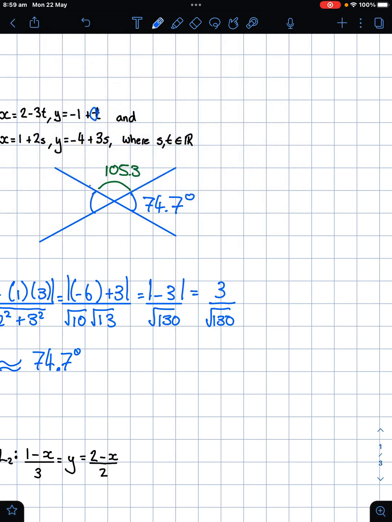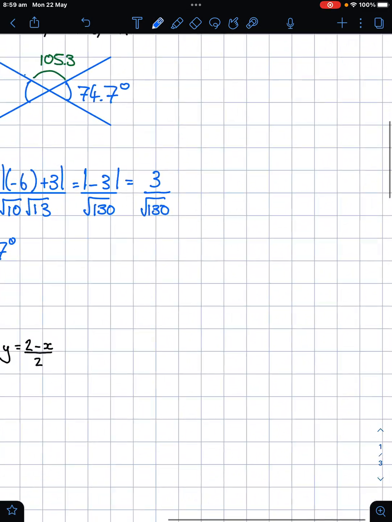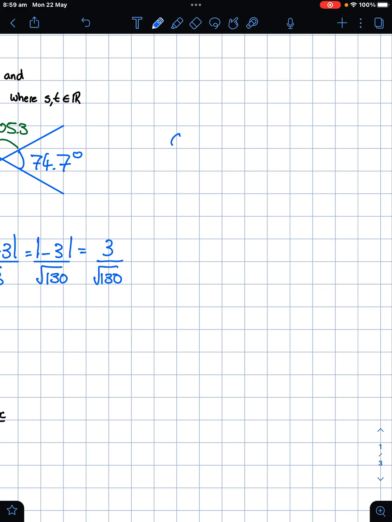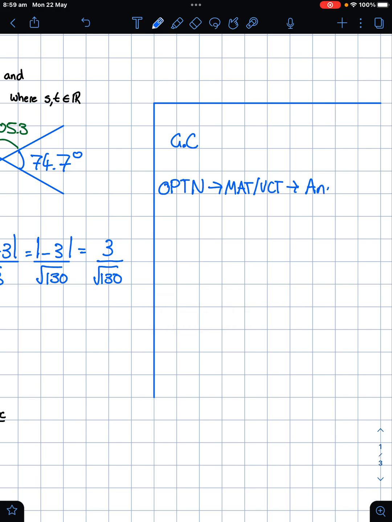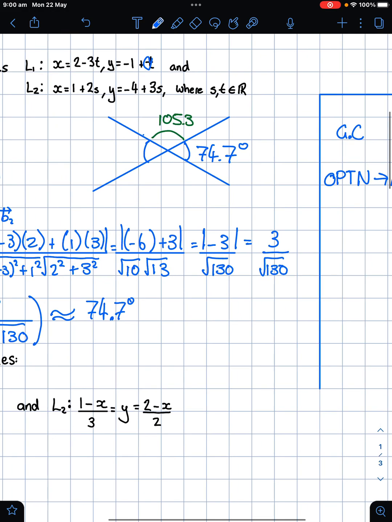All right, now you also have the benefit here that we can use our calculator. So on our GC, we do option, math, vector, and then we get to angle, and then in this space we can actually just put the two direction vectors in.